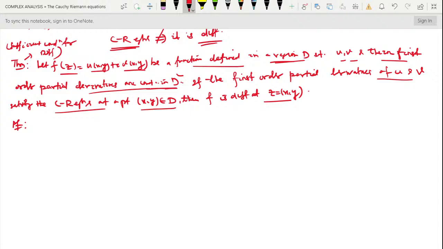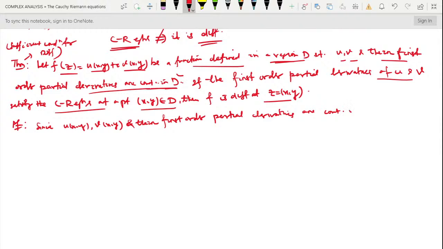So first I will write: since u of xy, v of xy and their first order partial derivatives are continuous in D, let z, which is your point xy or x plus iy, belonging to D, be arbitrary.